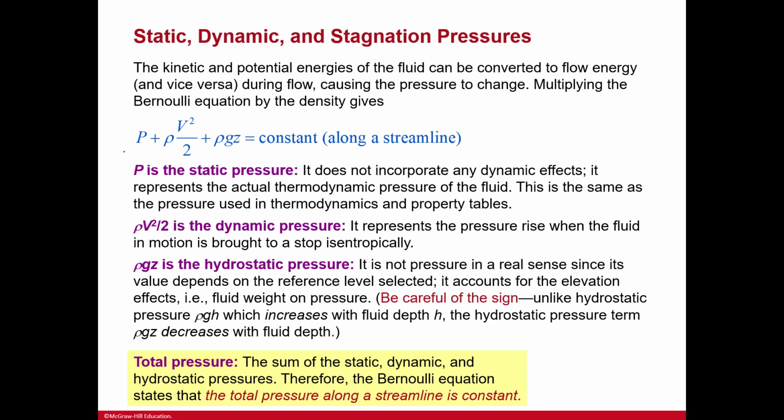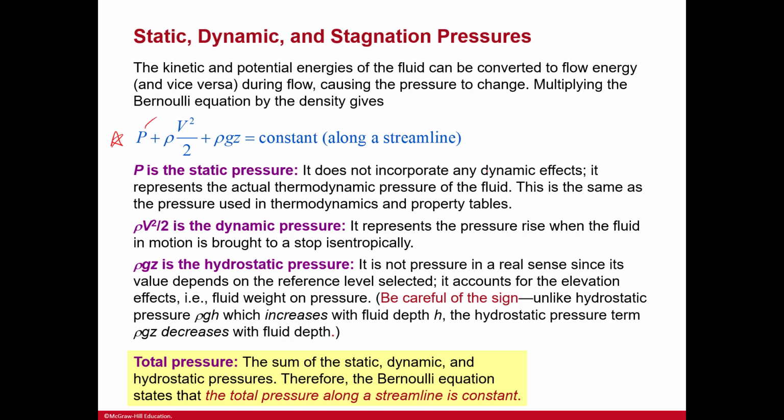And the static, dynamic, and stagnation pressures. So the kinetic and potential energies of the fluid can be converted to flow energy and vice versa during flow, causing the pressure to change. Multiplying the Bernoulli equation by the density gives this, where P is the static pressure.